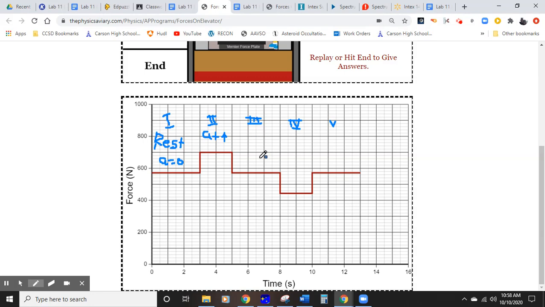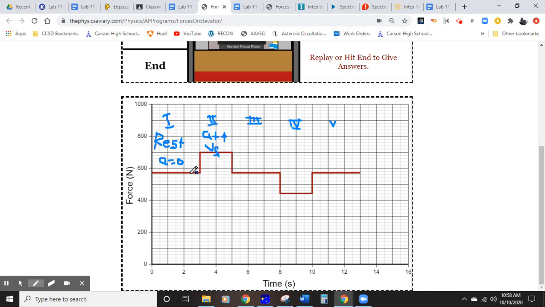While we're accelerating, it's going to stop accelerating, so there is some final velocity here. We'll put VF, some final velocity. Here, we're at constant motion. Now look at the acceleration.